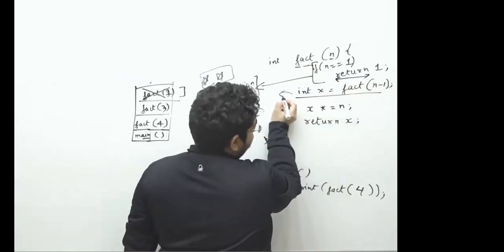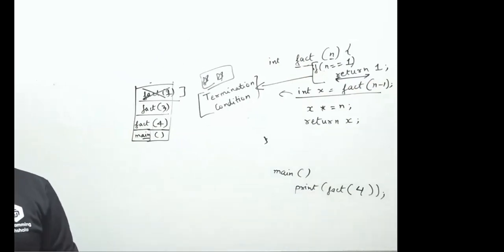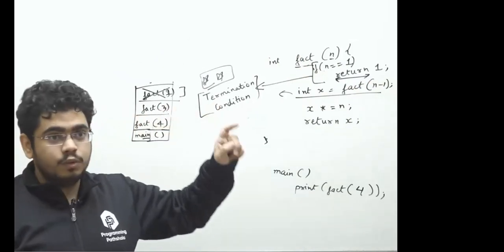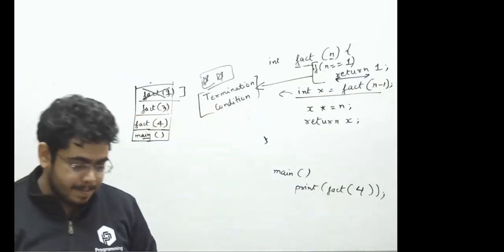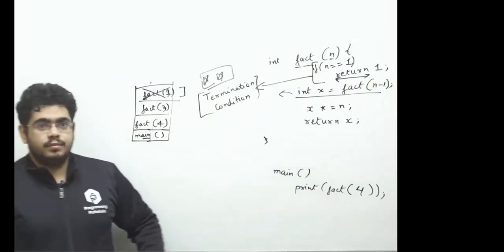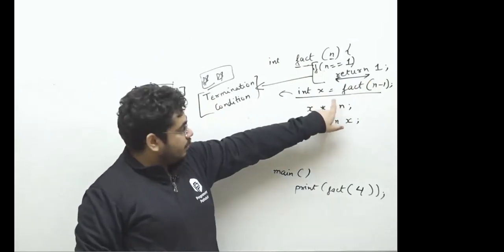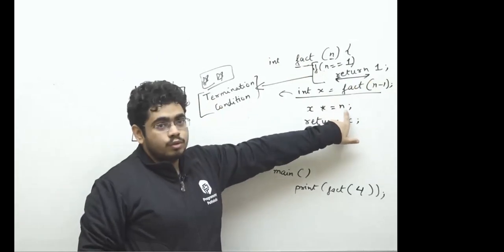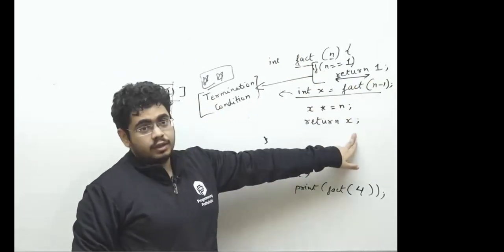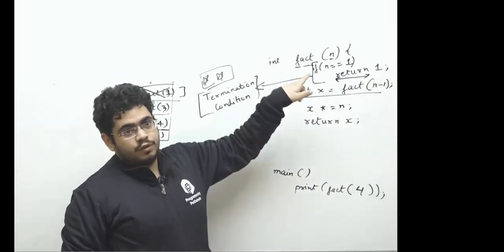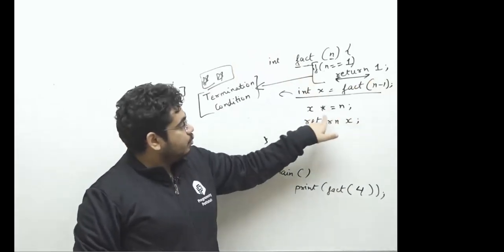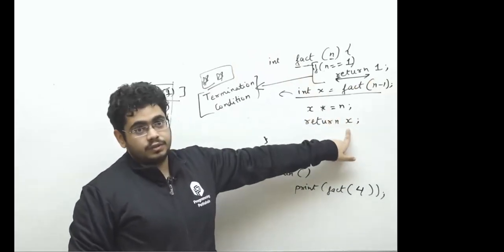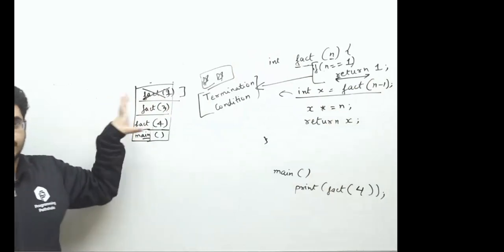So what is the value of x now in factorial of 2? It is 1, right? So now what it will do? It will do 1 into 2, which is 2, and return that 2. It will go back to factorial 3, which will say 2 into 3 is 6, and it will return 6, and so on. It will continue.